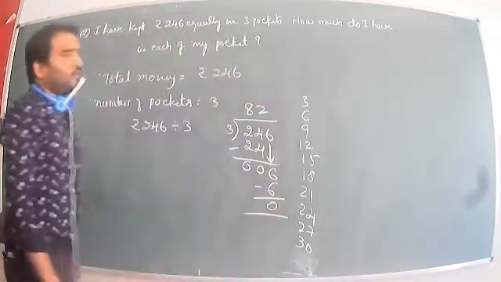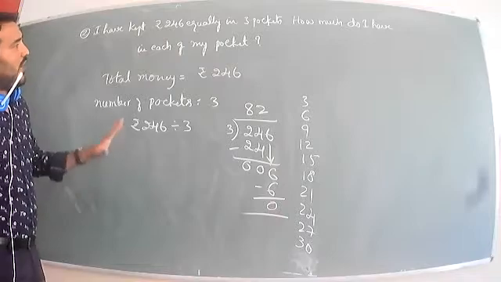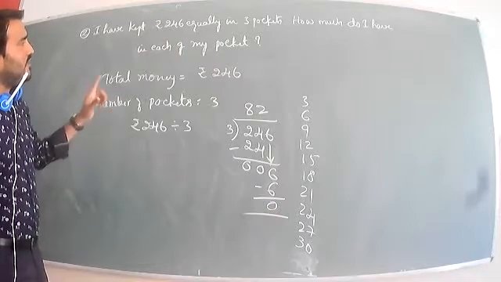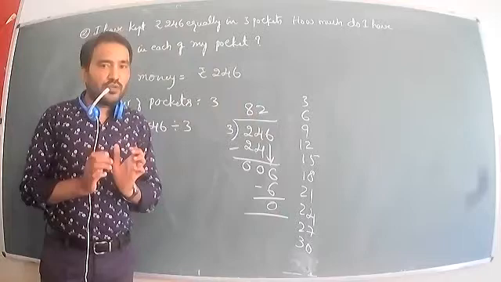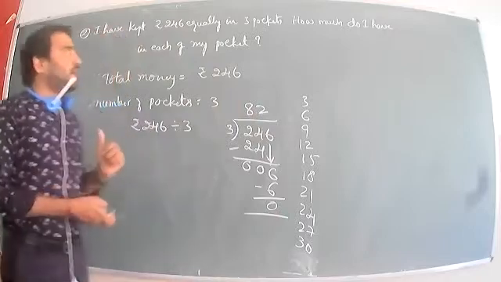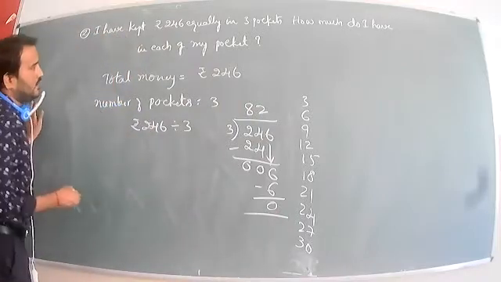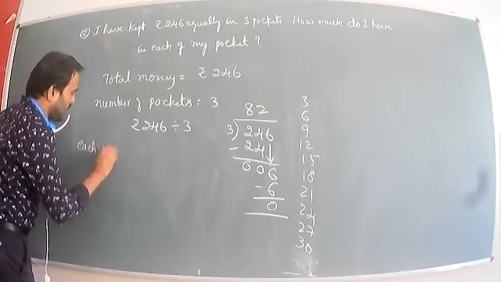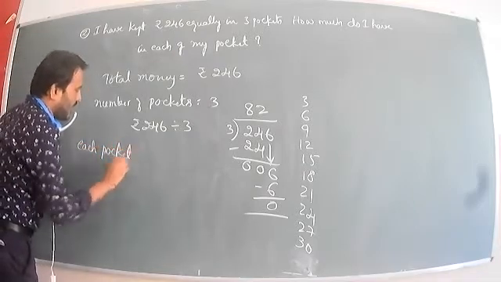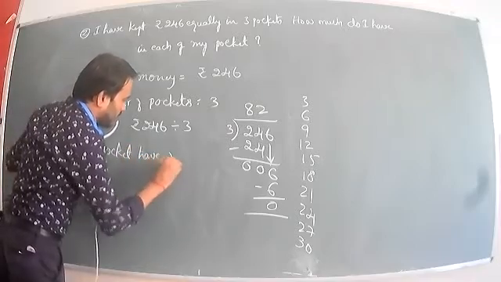So what is the money? Total money 246. How much did I have in each of my packets? 82 rupees. Okay, now we can write it. Each packet has 82 rupees.